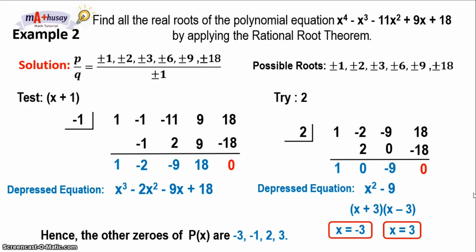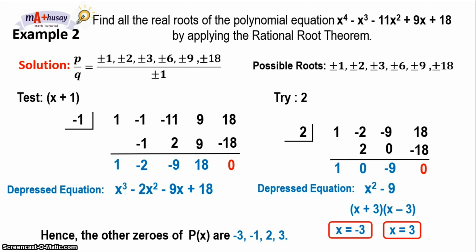If in case you have a polynomial equation with 4 as the exponent of the leading term, then it means you have to use synthetic division twice in order to factor completely the given polynomial equation and finally solve for the values of x.